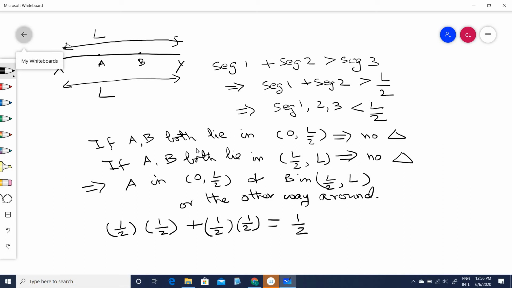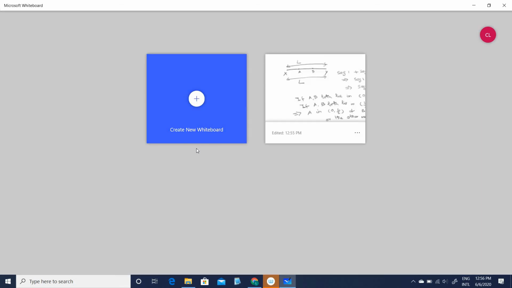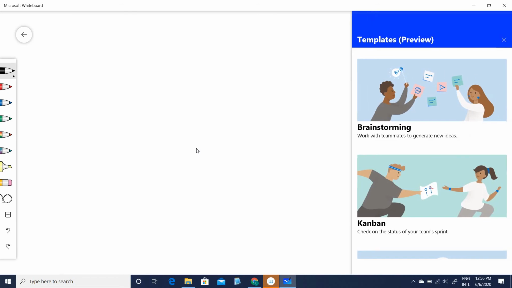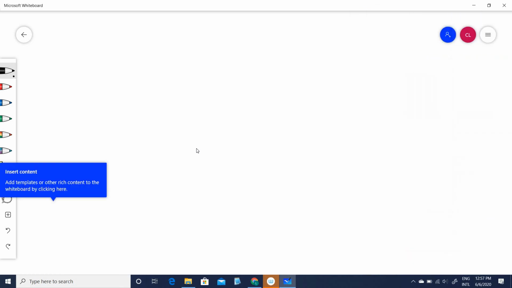my whiteboards? Okay, so let me create a new whiteboard. Okay, so in this new whiteboard, I have the old, I'll keep it open in case I need to. Okay, so this is the new whiteboard I have.